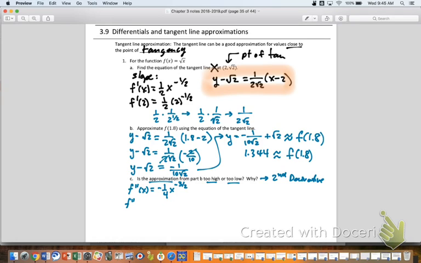F double prime of x would be negative 1/4 times, are you guys okay with this step if I just flip down? So there's nothing in the numerators. Yeah, and that's going to be really key here. It's going to be super key. So then, are you guys okay with this?